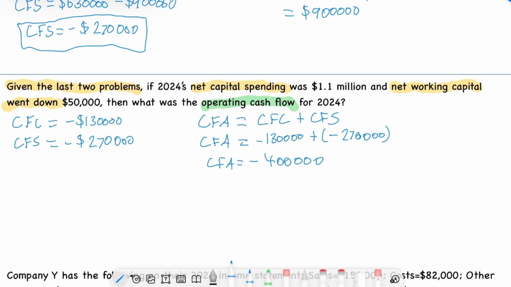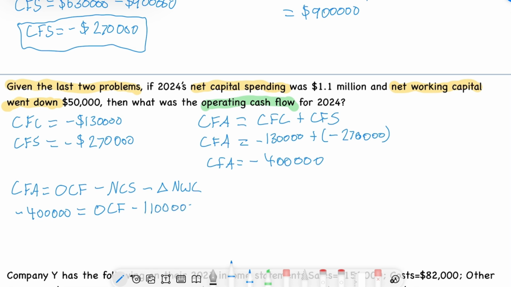Now we have another equation, which represents our cash flow from assets. Cash flow from assets equals our operating cash flow minus our net capital spending minus our change in net working capital. Well, we have our cash flow from assets. That's going to be negative $400,000. We don't have our operating cash flow. That's what we want. We have a net capital spending, which is $1,100,000.